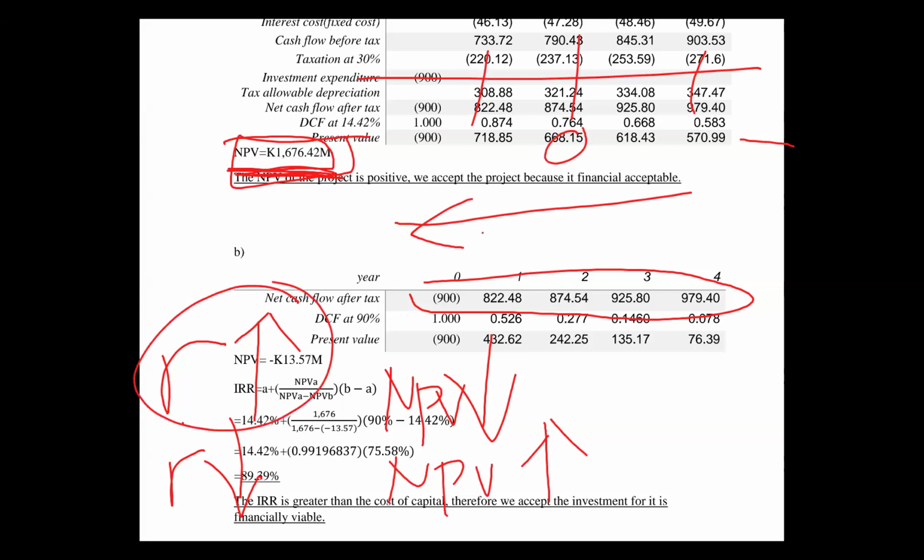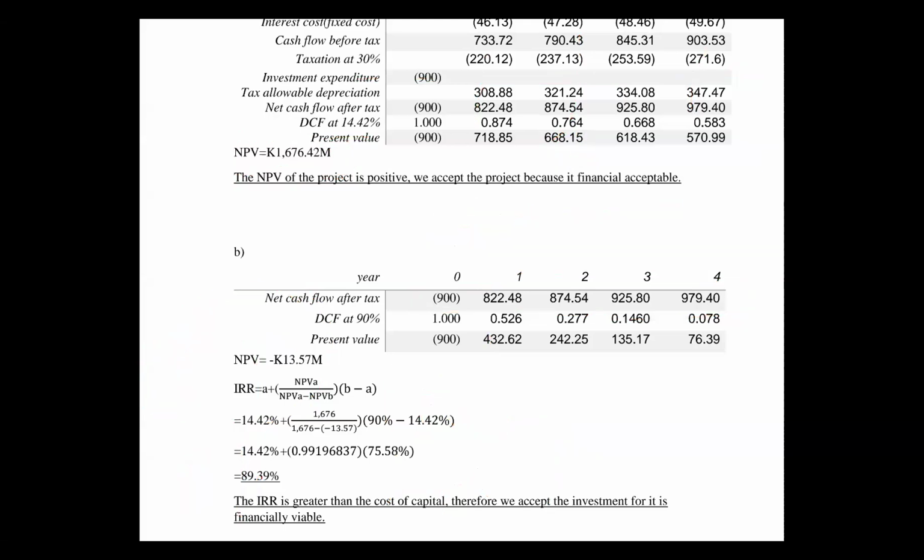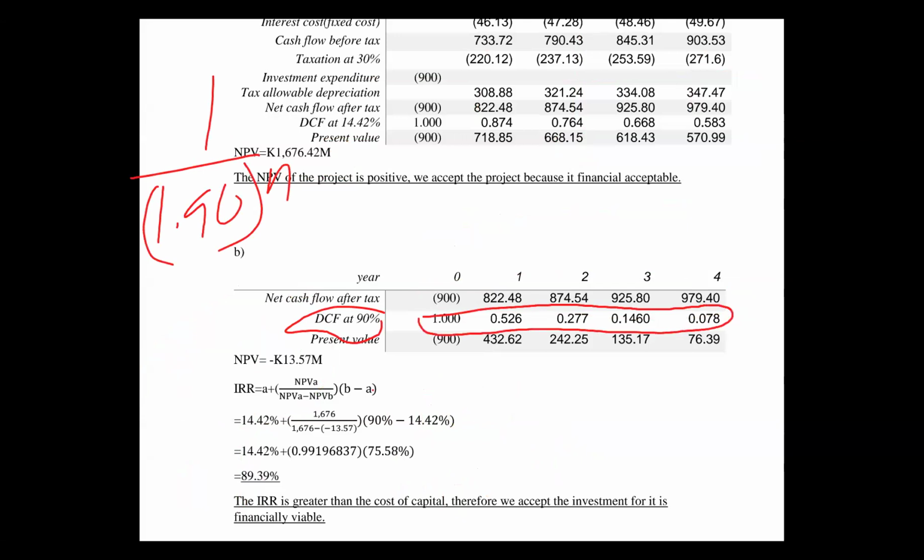So if you are to increase your R, for example, I did R at 90%, and it was giving some negative NPV. When you do R at that rate, you do the same thing, 1 plus 0.90, to the power n, to get the discounting factors. You're following, right?